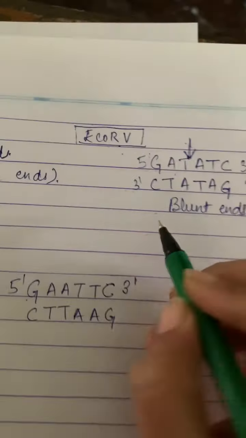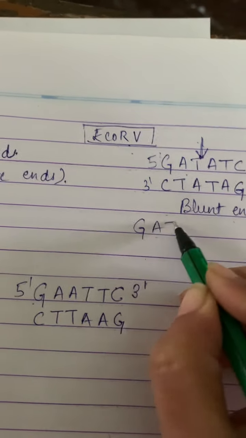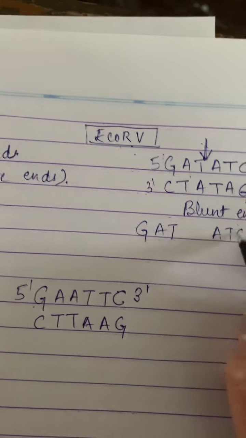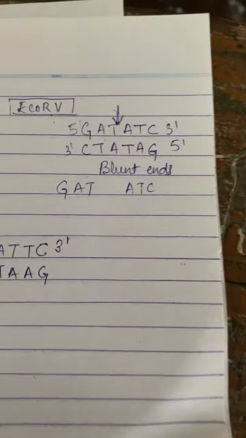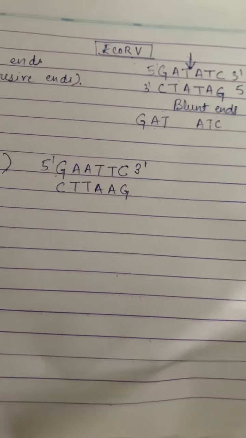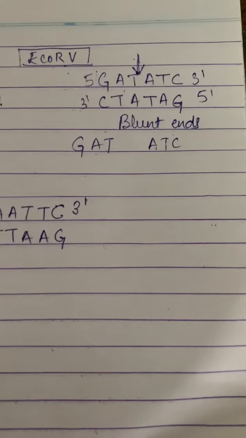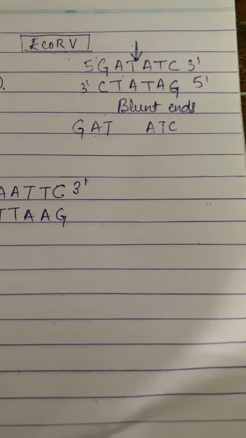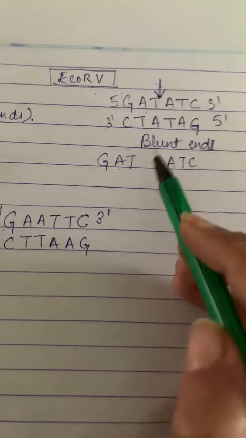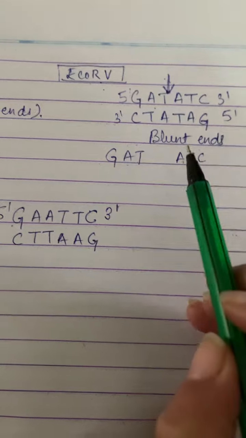Clear? So this GAT and this ATC will go far apart from each other. When the restriction endonuclease makes the cut in the middle, these 2 sequences will go apart.